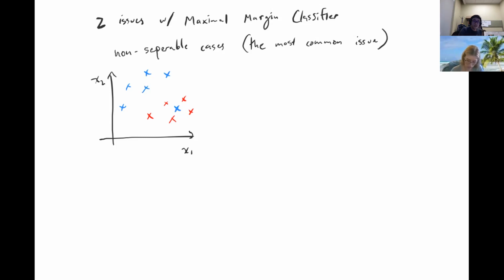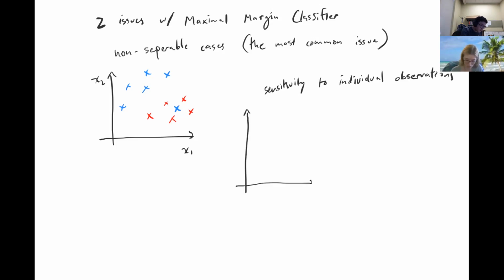The other issue is a little bit more nuanced, but also an important one. Sensitivity to individual observations.